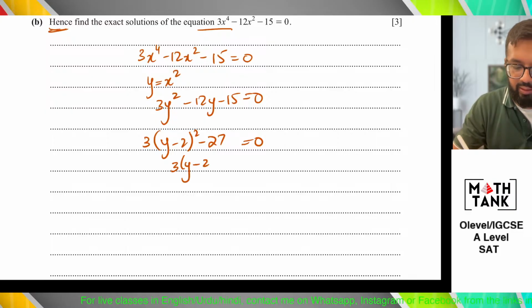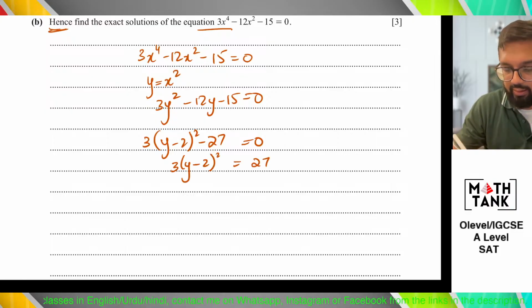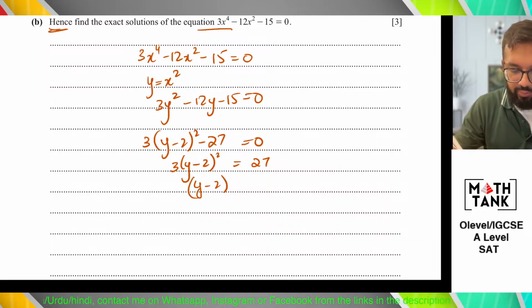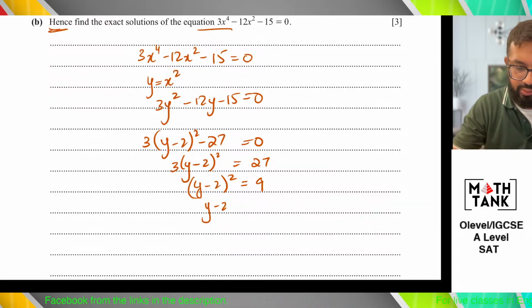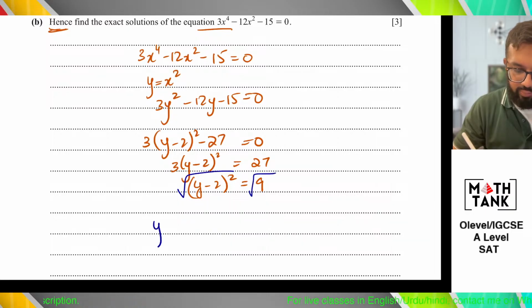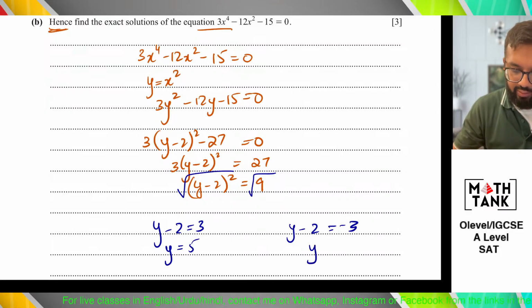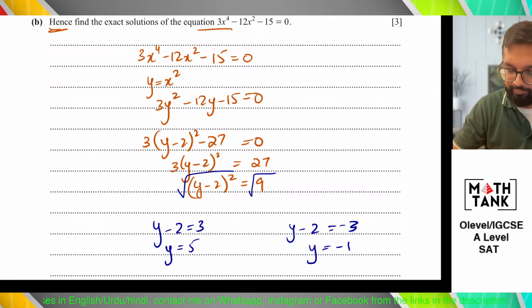So 3y minus 2 whole square equals 27. Y minus 2 whole square equals 9. And y minus 2, when you take a root now, I get y minus 2 equals 3 and y minus 2 equals minus 3. Y equals 5 and y equals minus 1.